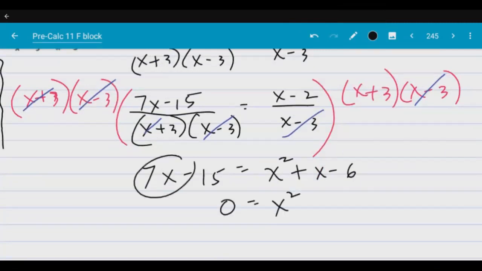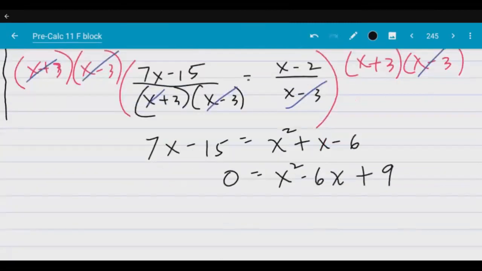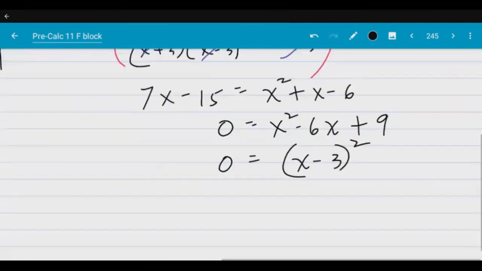So this 7x goes to the other side. It becomes x minus 7x. That becomes negative 6x. Negative 15 goes to the other side. It becomes positive 15. It becomes positive 15 minus 6. It becomes plus 9. Oh, that seems to be a nice quadratic because that is a perfect square trinomial wherein 0 equals x minus 3 squared, or x is equal to positive 3, right?